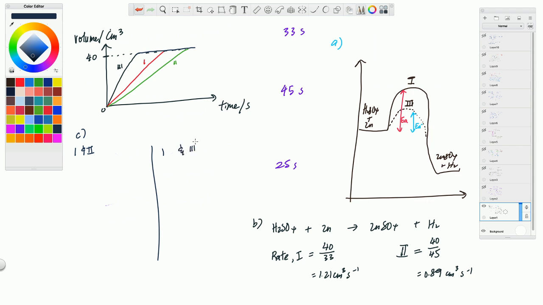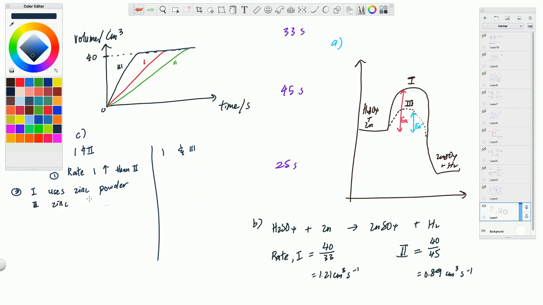So 1 and 2, you just have to see whose rate is higher. The rate of reaction for 1 is higher than 2. That's 1 mark. The other mark is why. Why is it higher? So 1 uses zinc powder, 2 is zinc pieces.